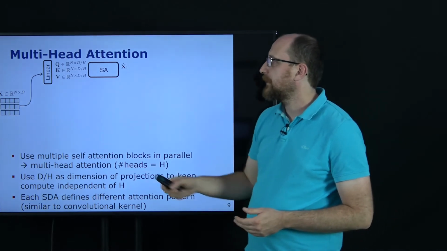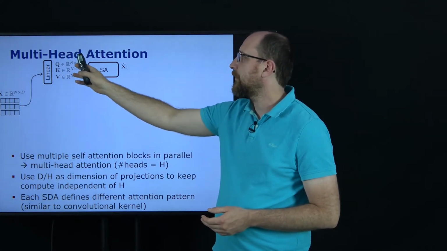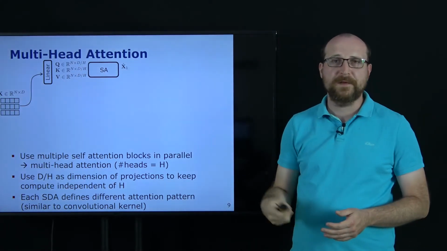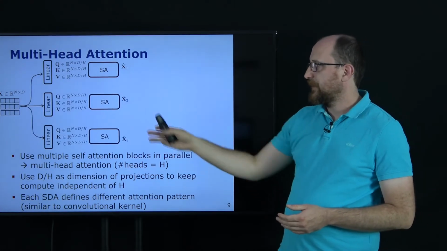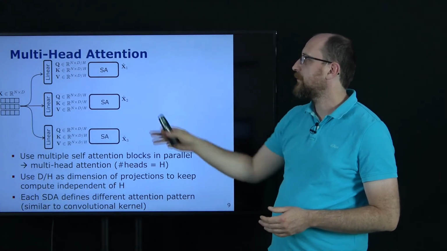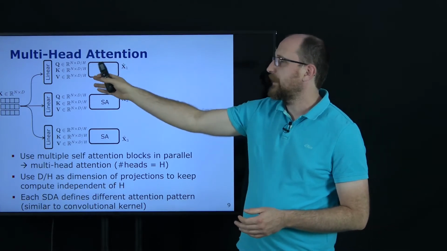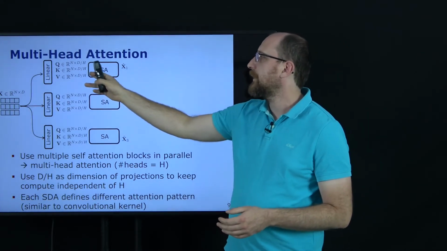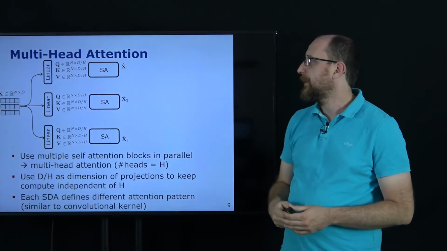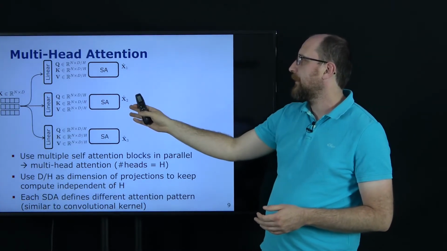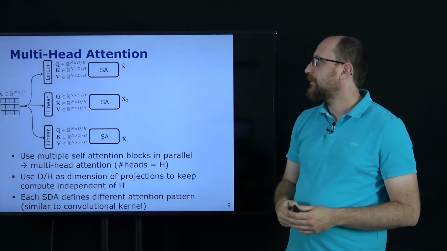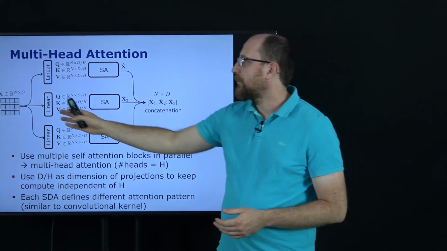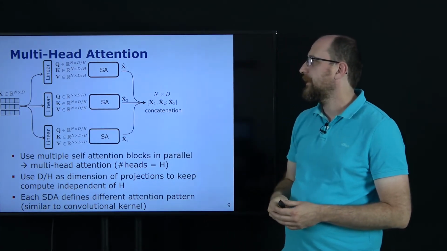And we are producing again query, keys and values, but now reduced to dimension divided by the number of heads that we have. In this case, this would be maybe 3 heads, and then we are producing outputs. And these layers are the layers as we discussed before. They are computing the attention weights between the query and the keys, and then weighting the values with this, and then producing outputs x1, x2, x3, and then we combine them again such that the output is again the same size as the input.